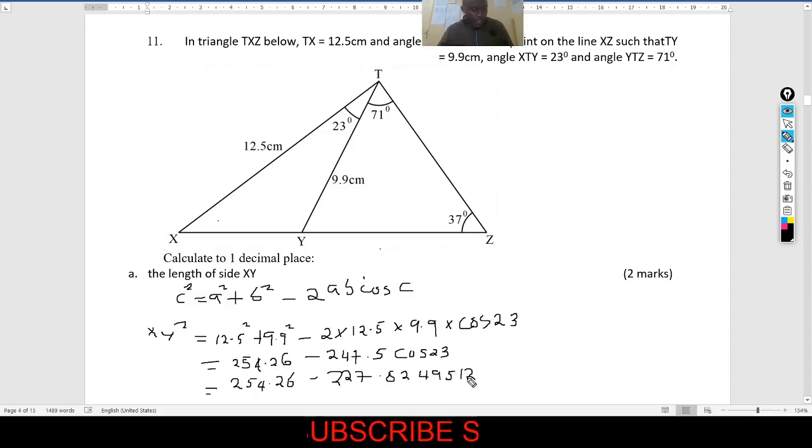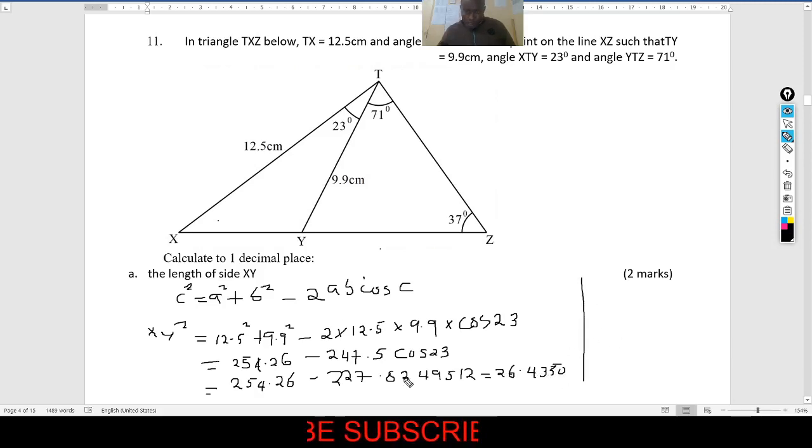It's good to write all of them. So you subtract and you get 26.4350. It's good to write it to 4 significant figures.